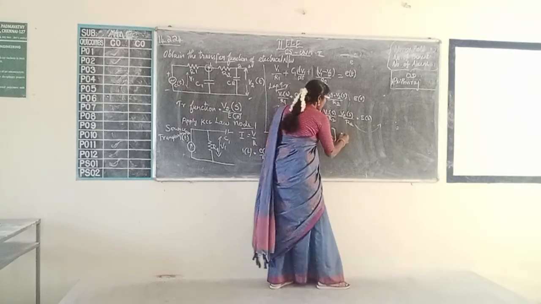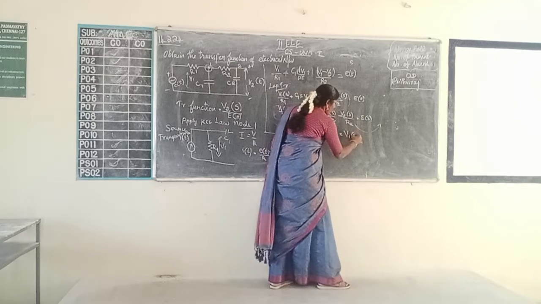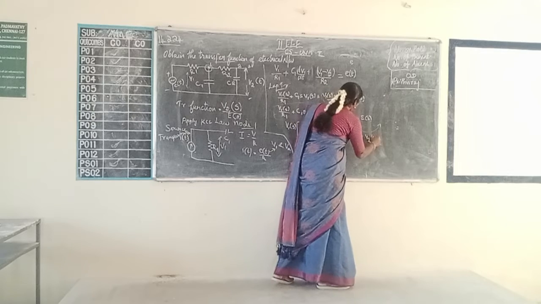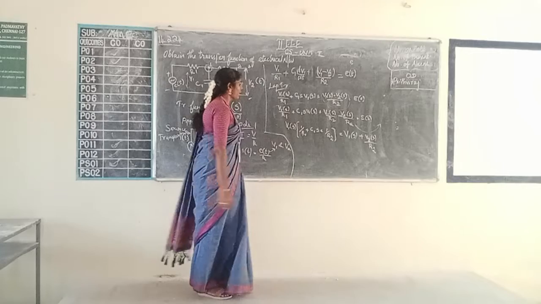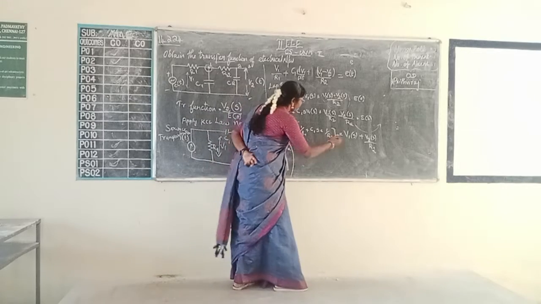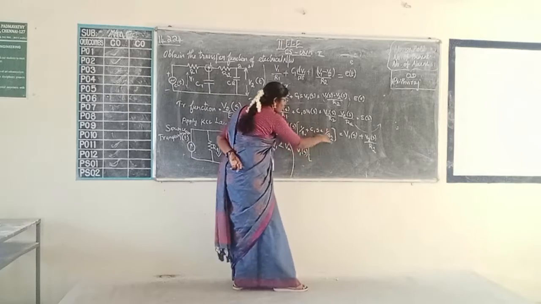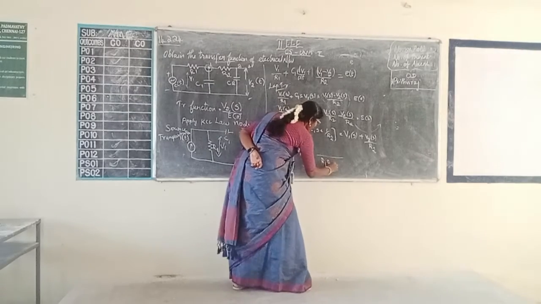So what happens? It will be E of s equals V1 of s plus V2 of s by R2. Clear? And now that is V1 of s into, now cross multiply all these terms and bring the overall as R1 R2.